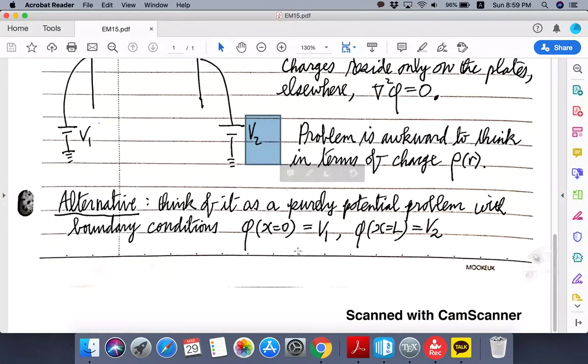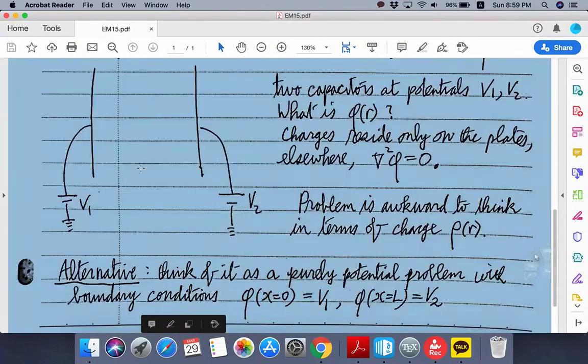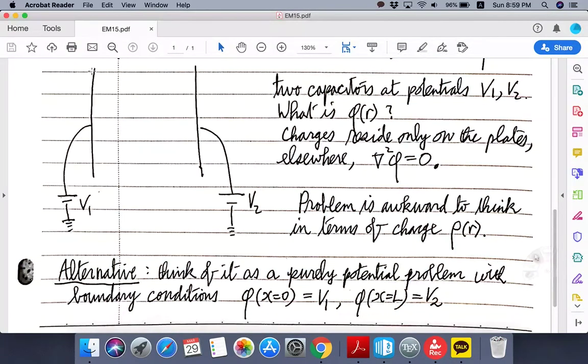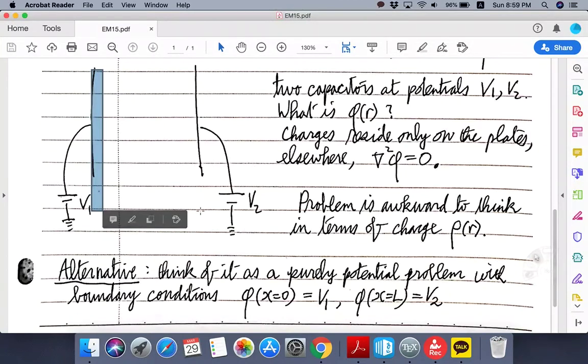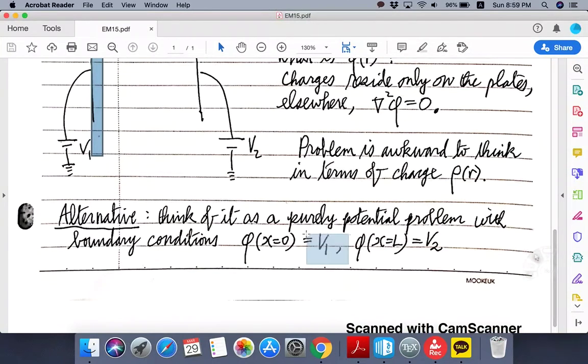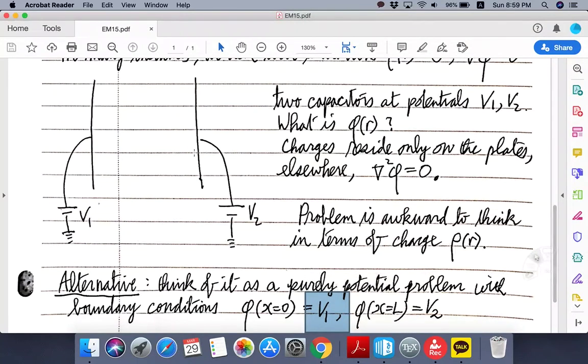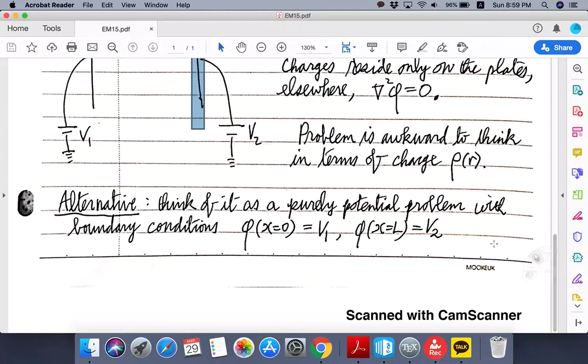In other words, this potential function, when its coordinate is equal to 0, and that's the x coordinate of this plate over here, the potential has to be V1. And when the x coordinate equals L, and that's the coordinate of this second plate, then the potential better be equal to V2. And such conditions are known as boundary conditions in the theory of differential equations.